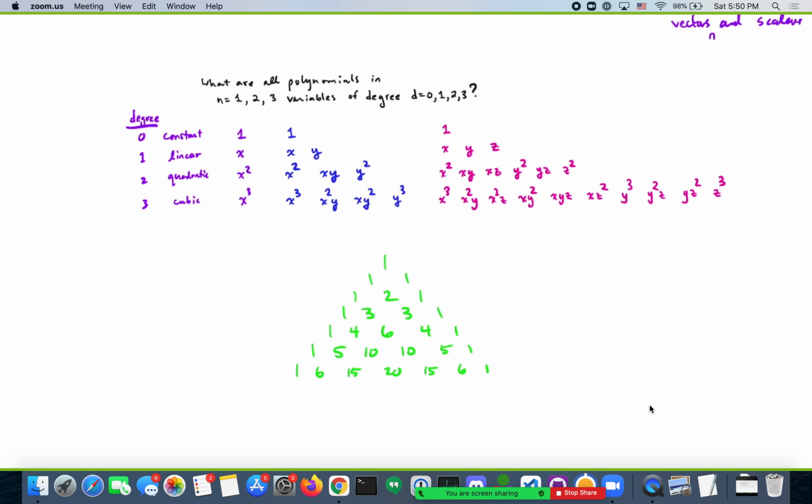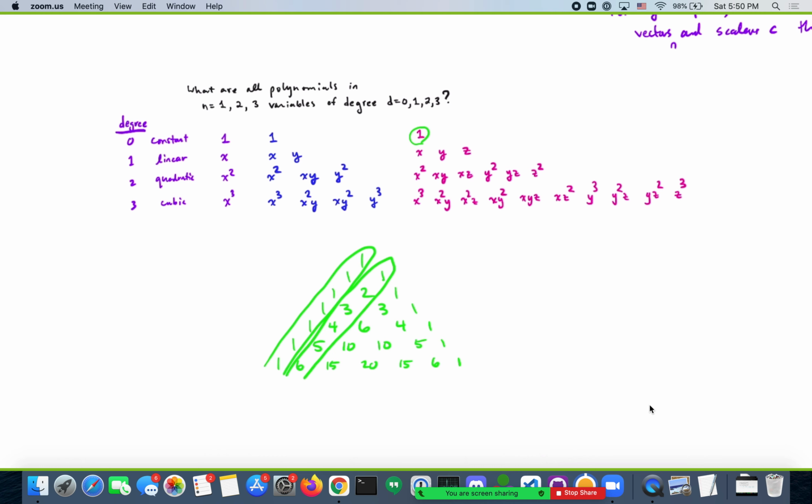For example, look at the degree 1 polynomials. There's always 1s. Now, with 2 variables, you have 1, 2, 3, 4. And that's this: 1, 2, 3, 4, etc. And then in 3 variables, we have 1, 3, 6, 10.